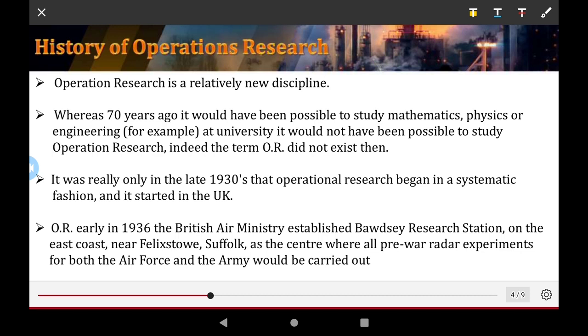Some of the air stations and air military stations were used to study research situations on the sea coast.